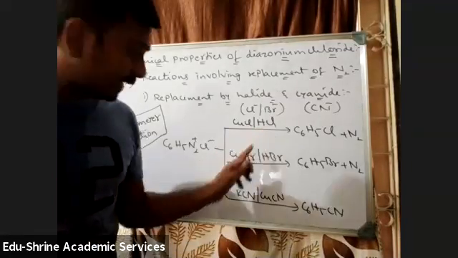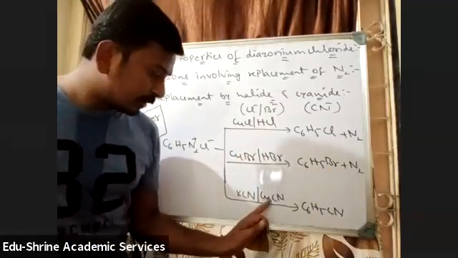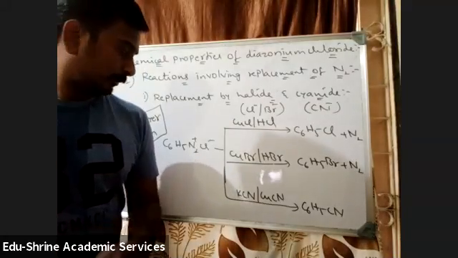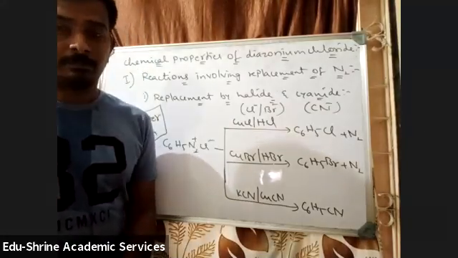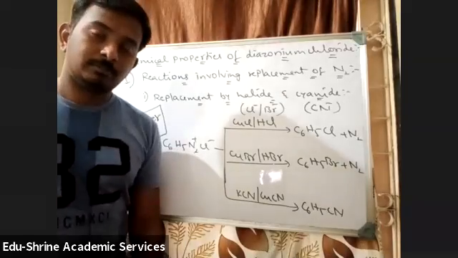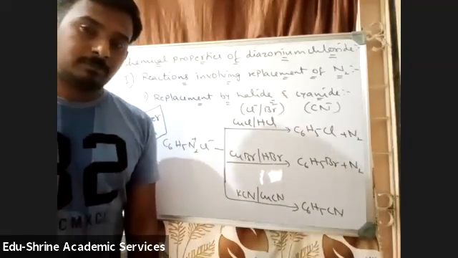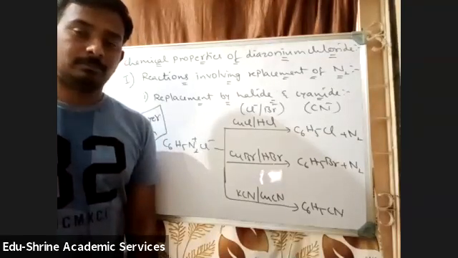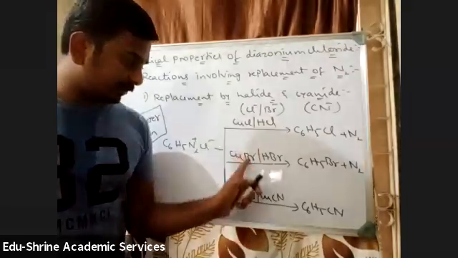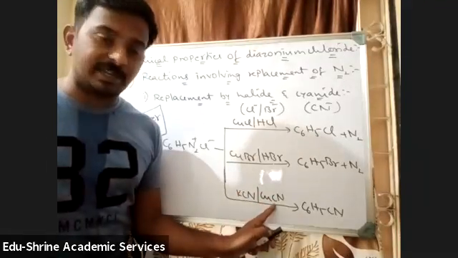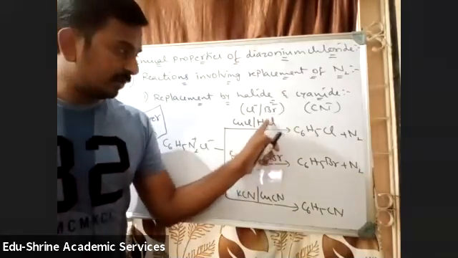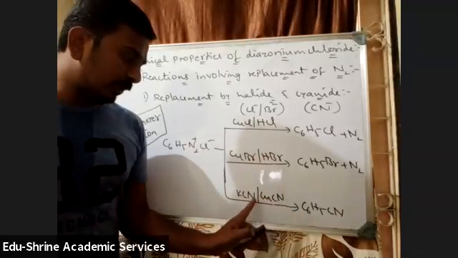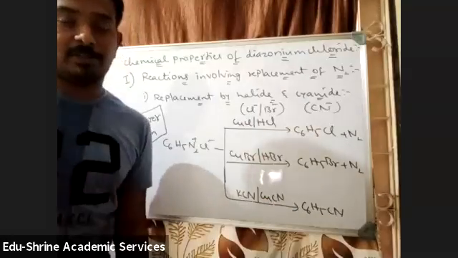CuCl in the presence of HCl, CuBr in the presence of HBr, CuCN in the presence of KCN. CuCl, CuBr, CuCN are catalysts. If you take HCl, you'll get chloride ion replaced. If you take HBr, you'll get bromide ion replaced. If you take KCN, you'll get cyanide ion replaced.